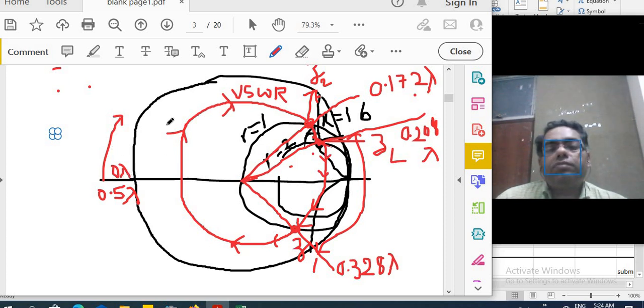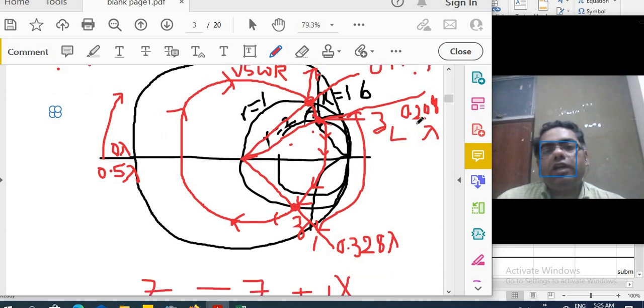And then again it starts. So from this entire rotation of 0.5, if I subtract this 0.208, which is from 0 to 0.208, I will get the value from here.